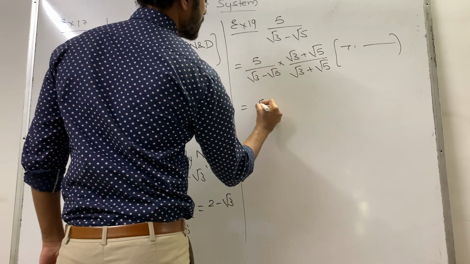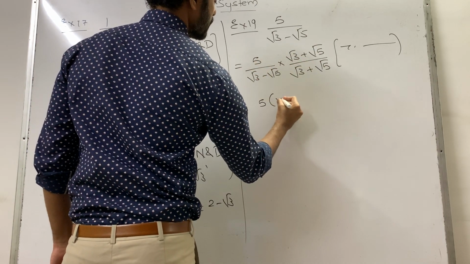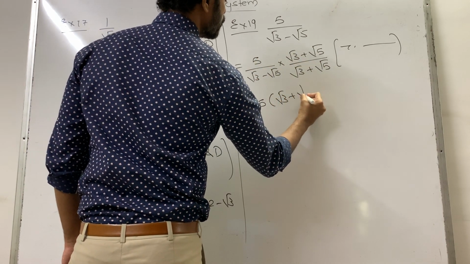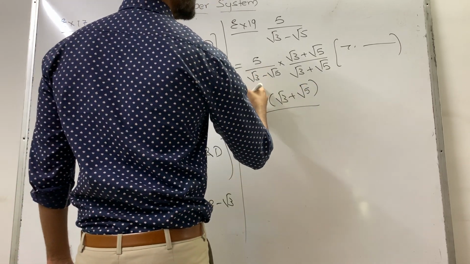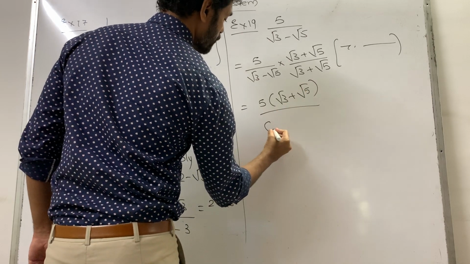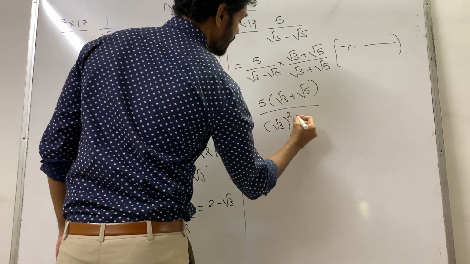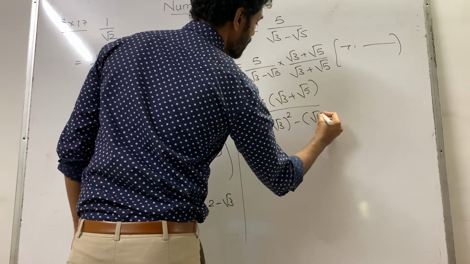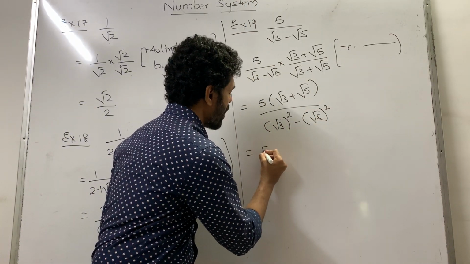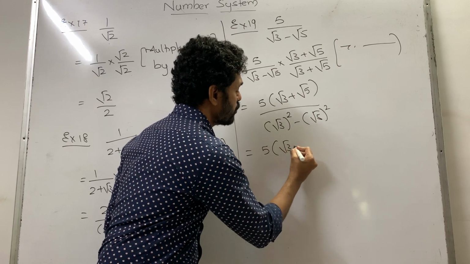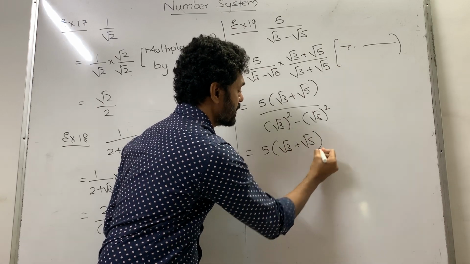Now in the numerator this will be 5 into root 3 plus root 5. But in the denominator it is a minus b, a plus b, and we know a minus b into a plus b is a square minus b square. So this is 5 times root 3 plus root 5.